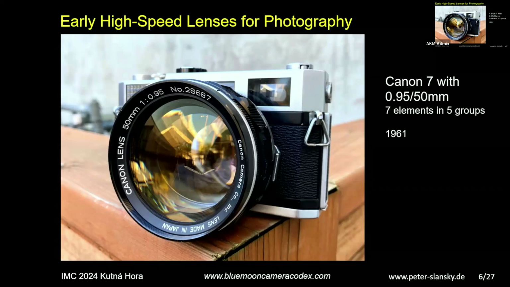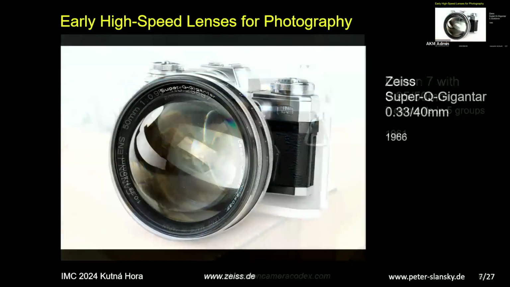But nevertheless, these are really high-speed lenses. What was the key? High refractive glass, new sorts of glass. And by the way, here you see the yellowish appearance with elements like strontium and something like that. You try to avoid that today, but at that time people were more daring.